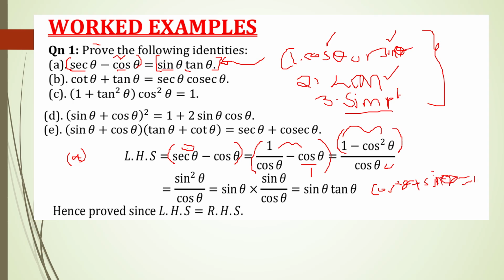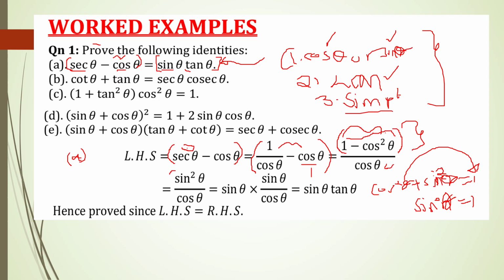So here, if you make sine squared theta the subject, and you take cos squared theta to the other side of the equal sign, sine squared theta is going to be the same as 1 minus cos squared theta, which we are having here in the numerator. So instead of 1 minus cos squared theta, we substitute it with sine squared theta from the first identity that you looked at.